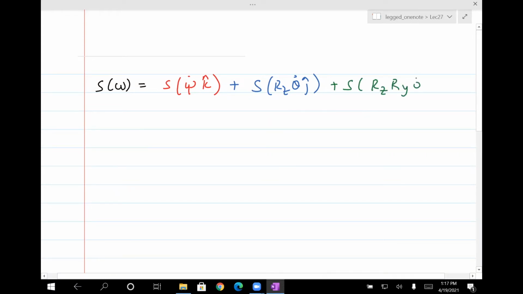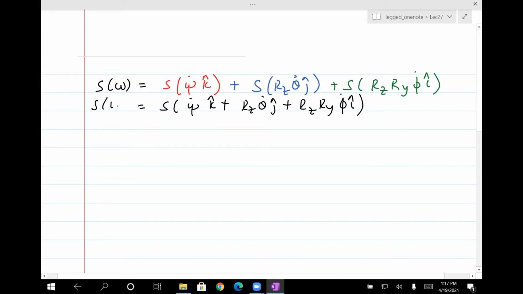Ry phi dot I. Now, if you have a sum of three skew symmetric matrices, then it's easy to verify that the sum of individual is equal to S of the whole thing, which means that you can write it as psi dot K plus Rz theta dot J plus Rz Ry phi dot I. So this is the property of a skew symmetric matrix.